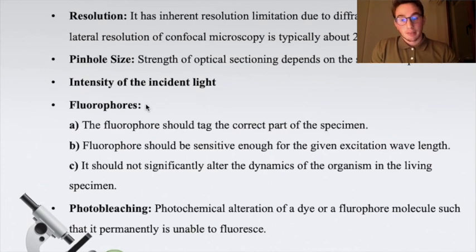If we use fluorophores, they should tag the correct part of the specimen, and the fluorophore should be sensitive enough for the given excitation wavelength, and it should not significantly alter the dynamics of the organism in the living specimen. And we have the photobleaching effect: photochemical alteration of a dye or fluorophore molecule such that it is permanently unable to fluoresce.